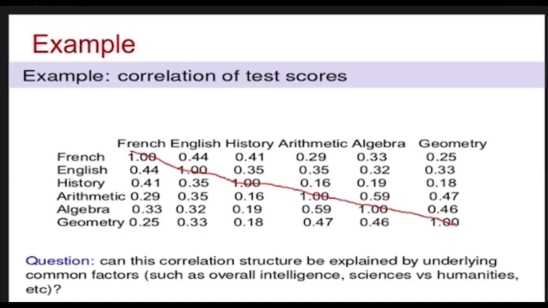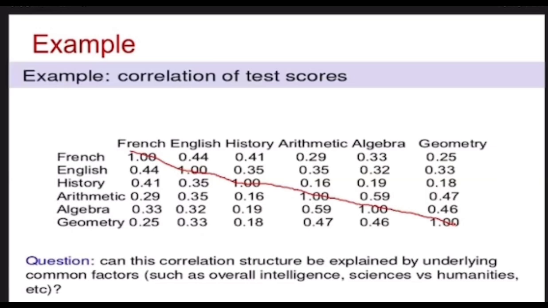Performance in French, English, history, arithmetic, algebra, geometry, and we may see that some subjects may actually correlate. For instance, look at arithmetic, algebra, and geometry. They are topics in math, right? And that is why we said here the factor could be overall intelligence.